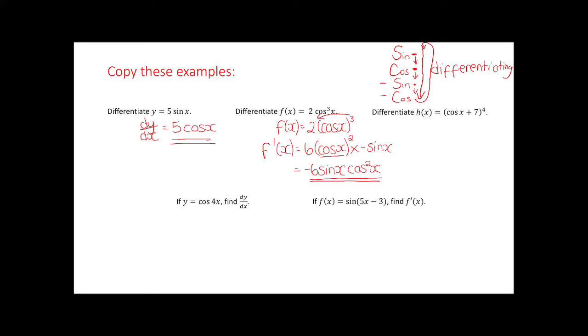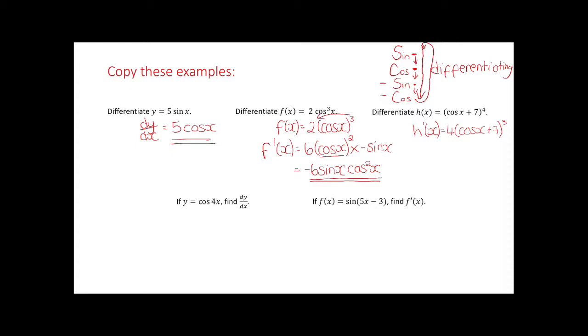So that's a combination of trig differentiation and the chain rule. This next one, it's set up as a bracket already. There's nothing that I need to change in that. I'm quite happy with the format of that. We can go straight into differentiating this. So that 4 is going to come round and give us 4 cos x plus 7, decrease that power down to 3.